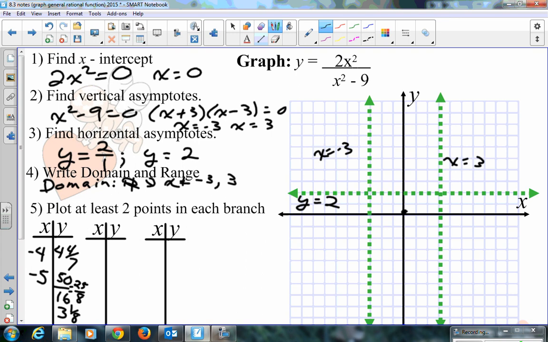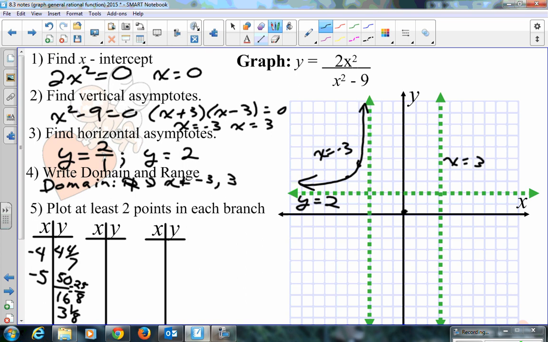Let's plot those two. Negative 4, 4 and 4/7, negative 5, 3 and 1/8. Okay, I know where my asymptotes are, so that's going to give me the shape of that branch.